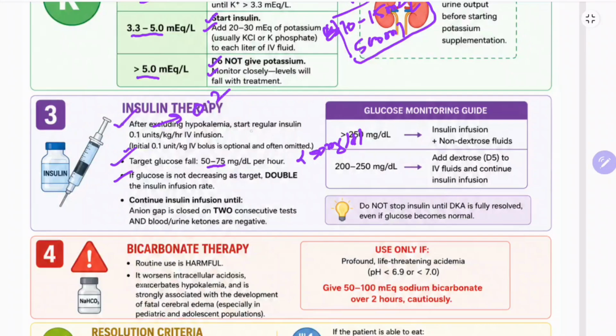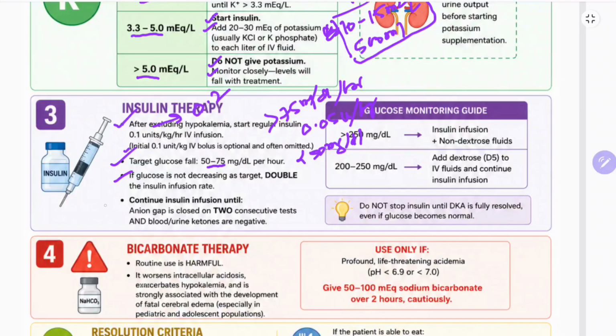But one more thing: if the glucose is falling more than 75 milligram per deciliter every hour, then you will halve the dose of IV insulin. That is, from 0.1 you will go to 0.05 units per kg per hour. So that should be kept in mind.